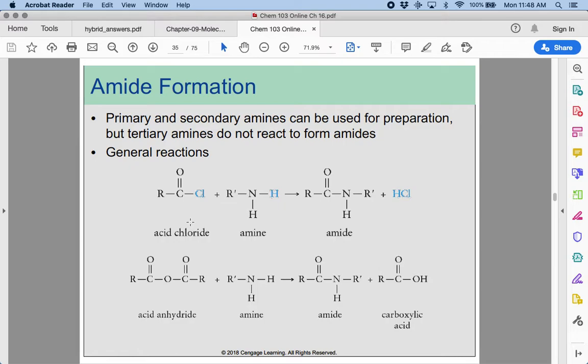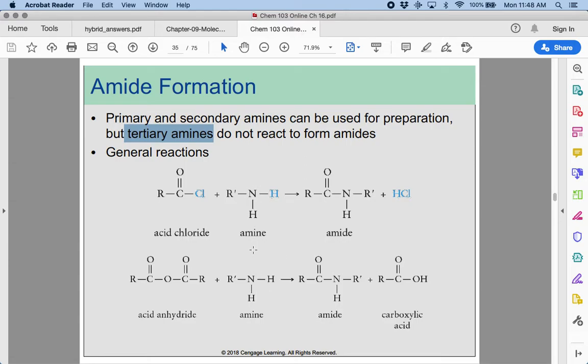You can do this with acid chlorides and anhydrides the same way we did them when we were looking at ester formation. So it's always going to be some sort of carboxylic acid or acid chloride or acid anhydride plus an amine to form an amide. Now, this is a primary amine here, but we won't be able to do this with tertiary amines because we need a nitrogen-hydrogen present to make this happen.